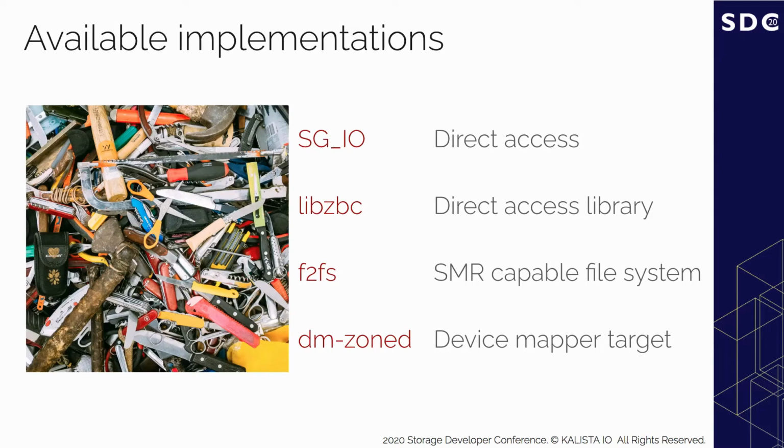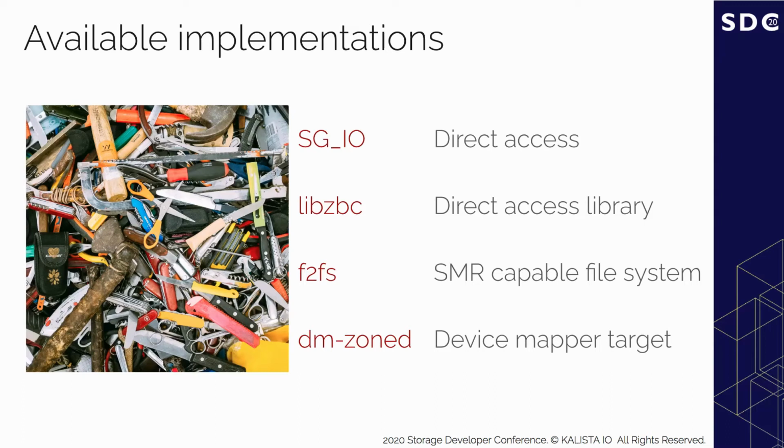F2FS, Flash-Friendly File System, is a log-structured file system that is SMR capable. With Linux kernel 4.10, F2FS can work with host-managed SMR devices when configured with the right alignment and mode parameters. Note, however, that there is a hard limitation of 16 terabyte maximum volume size. So if your total device capacity is larger than 16 terabytes, then you will need to decompose the device into smaller units for F2FS.